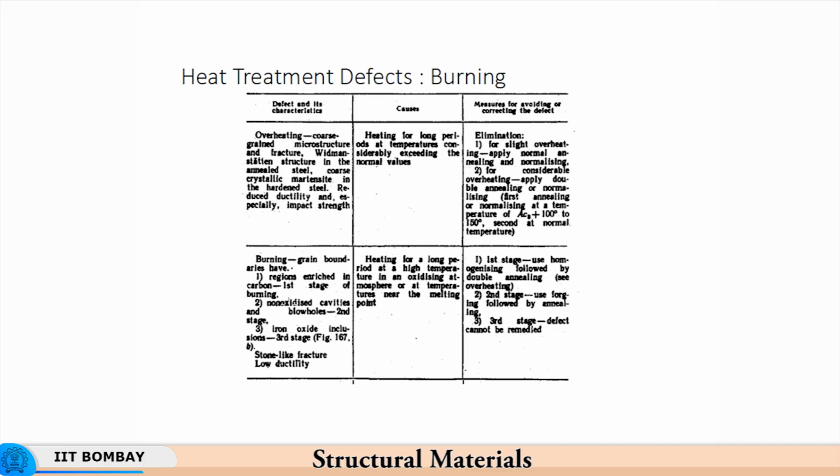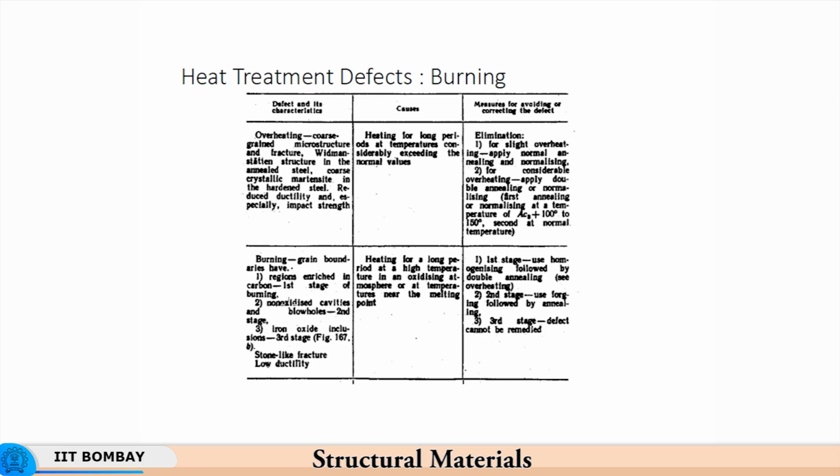So you can do the forging followed by annealing, because forging will close these blowholes, etc. So these are typically situations when you are heating a cast billet and then you are trying to take it to further processing. So if you have a burning taking place, then you need to therefore use forging followed by annealing to close these blowholes.